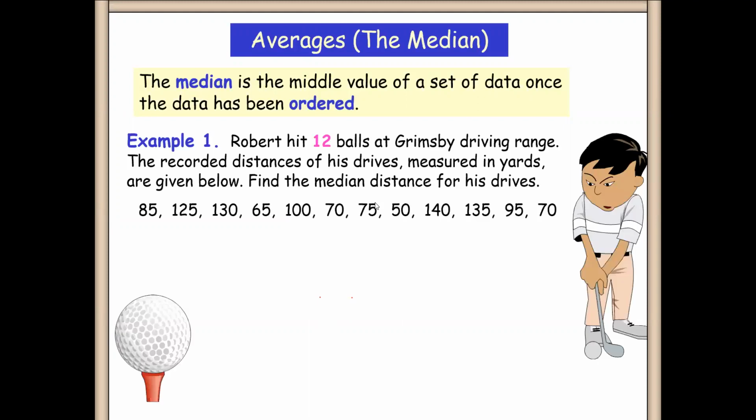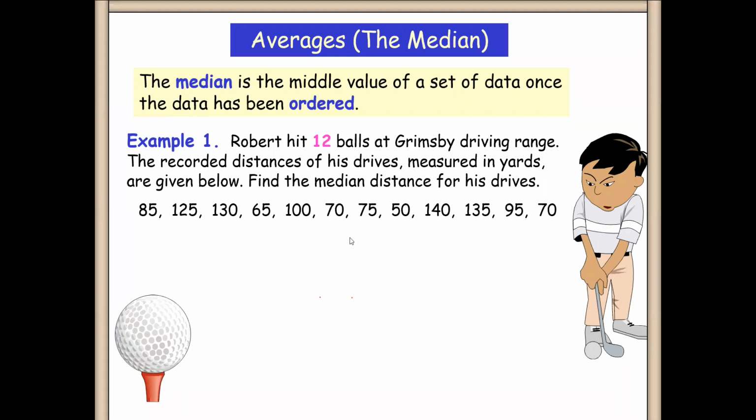So as you can see, it's quite easy work. Now, in this one, we're counting a number of numbers and they're telling us it's 12. 1, 2, 3, 4, 5, 6, 7, 8, 9, 10, 11, 12. So if we got 12 numbers, where will the median lie? You'll take number 6 and number 7 and you'll divide them by 2, sir.